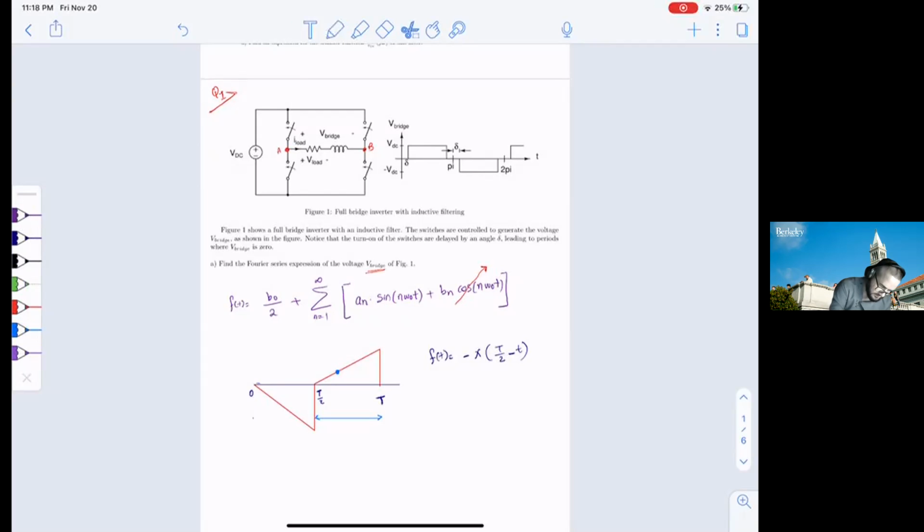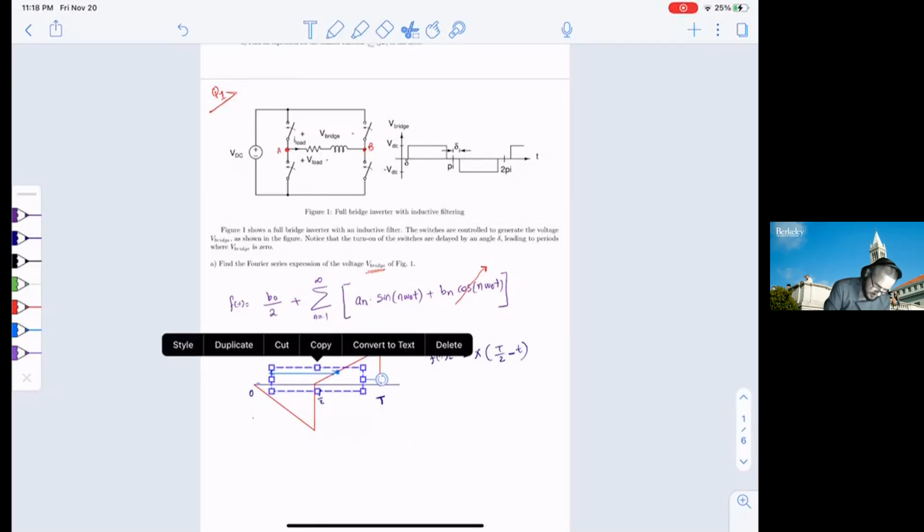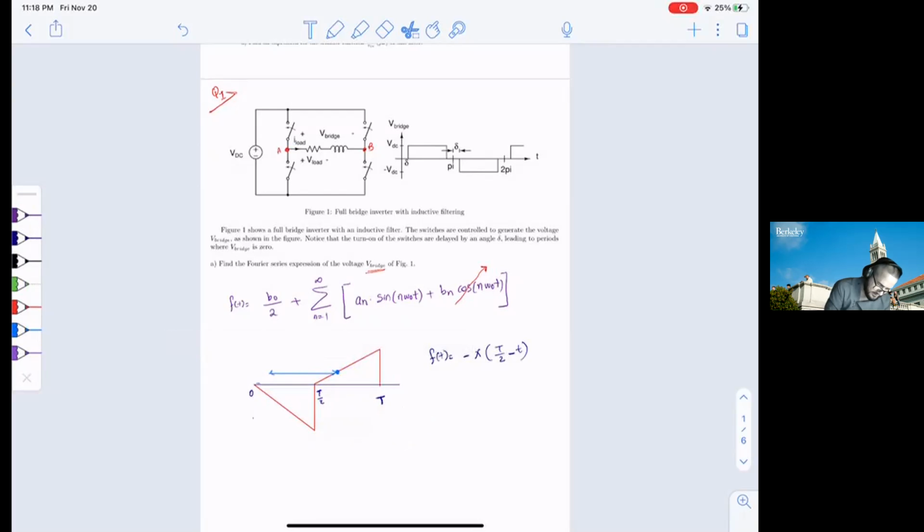If I take this, that's f of t, and then come back by T over 2, and then subtract T from it, that's right where it should be.